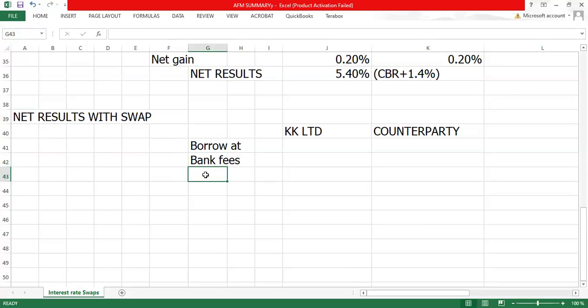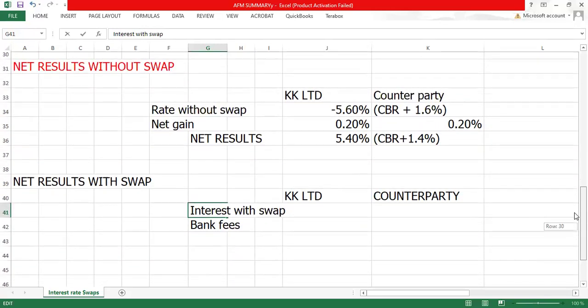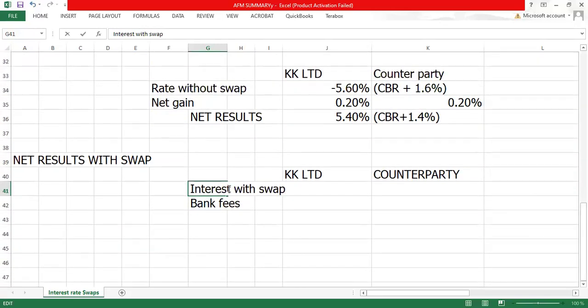Then next, this is in a swap arrangement, the rate. Just to understand it better: rate with swap, because the other side we started with the rate without swap. So here it's the rate with swap, the borrowing rate.